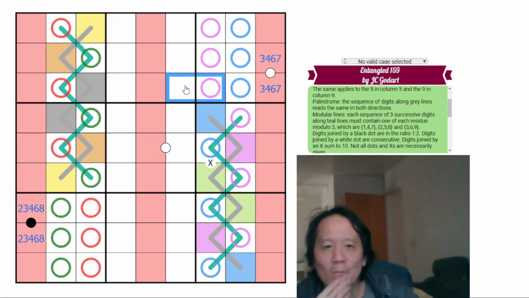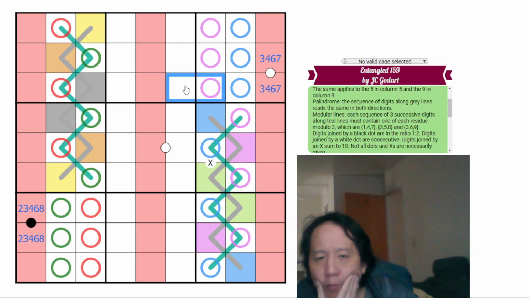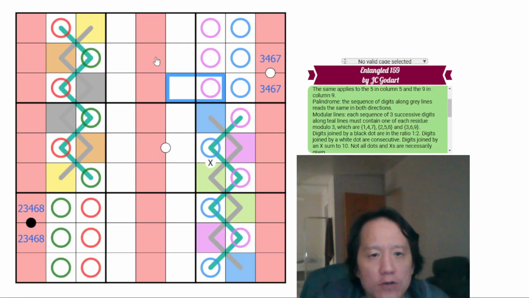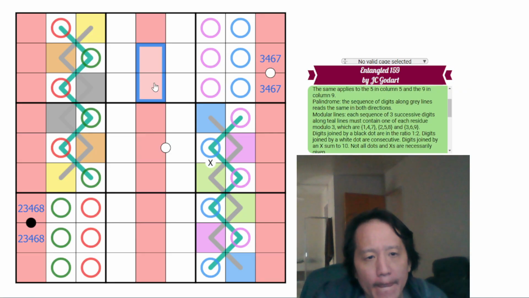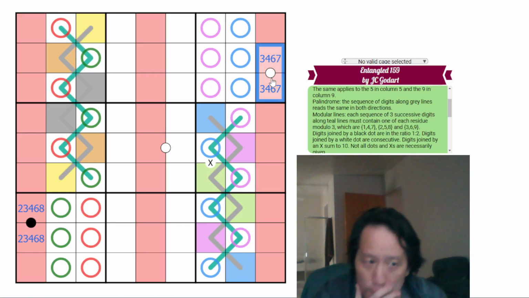Hmm. So we know 9 cannot be here. Hmm. So this is consecutive. So these are different modular numbers. These are different modular numbers.